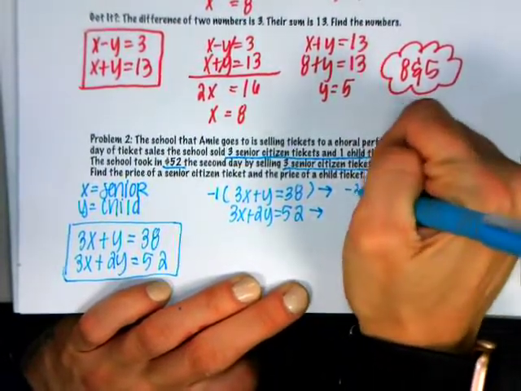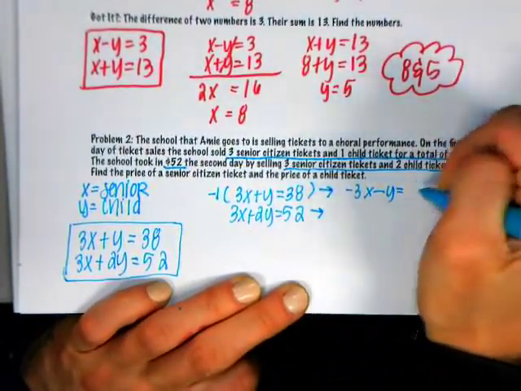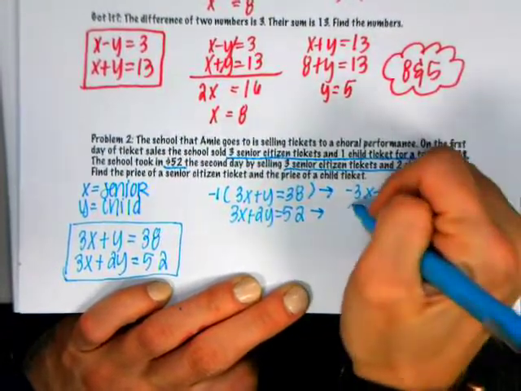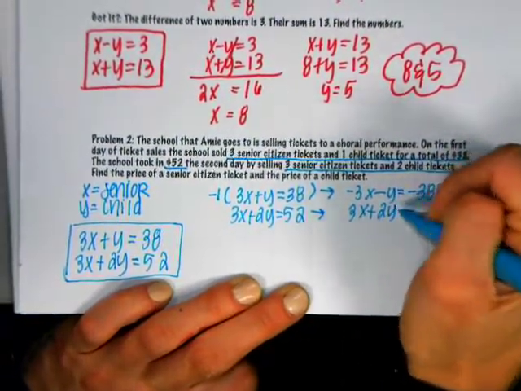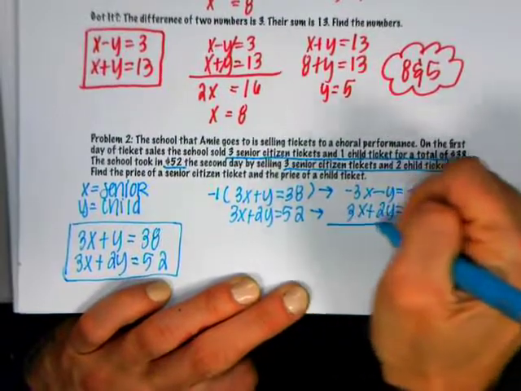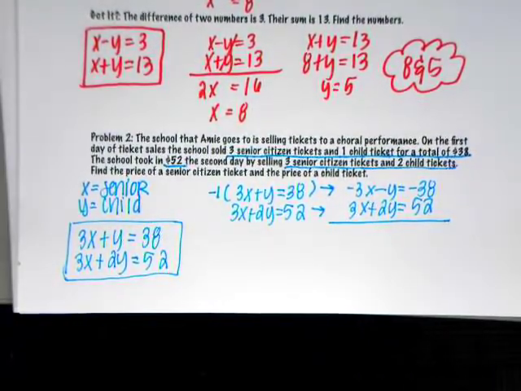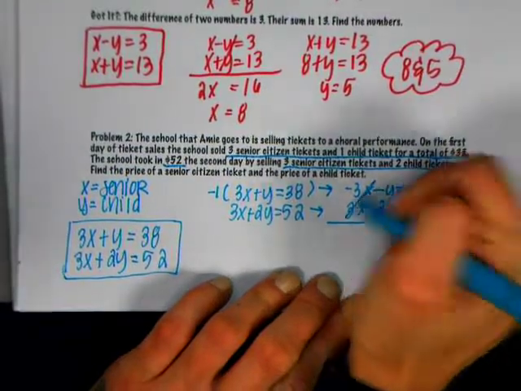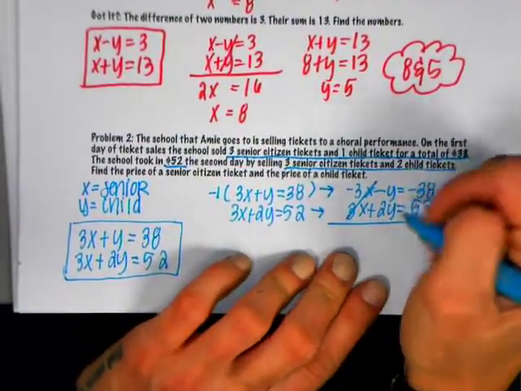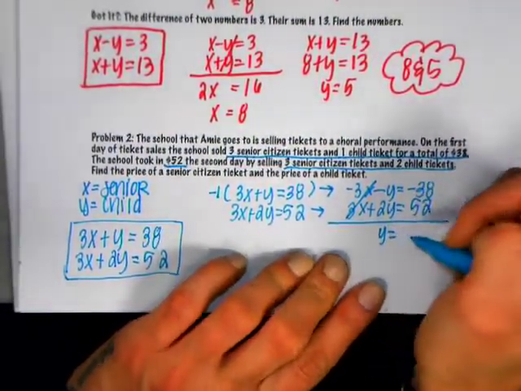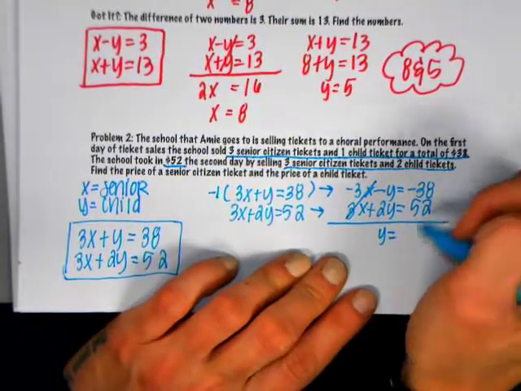So I'm going to have -3x minus y equals -38. 3x plus 2y equals 52. So now what cancels out? The x's. What's -1y and positive 2y? Y. -38 plus 52? 14.